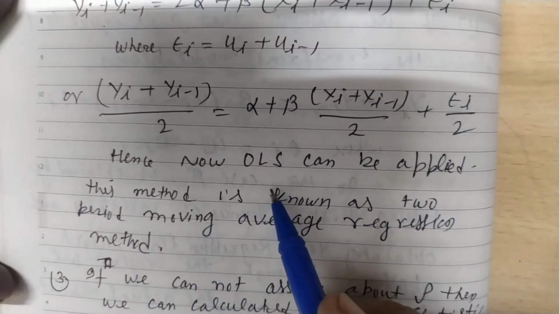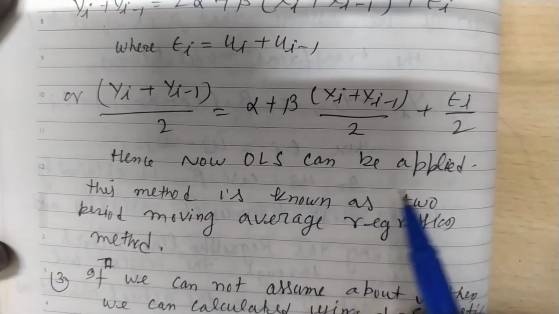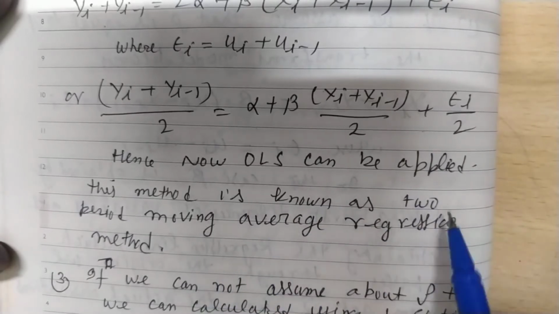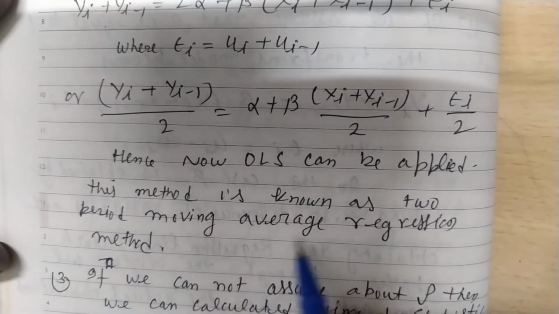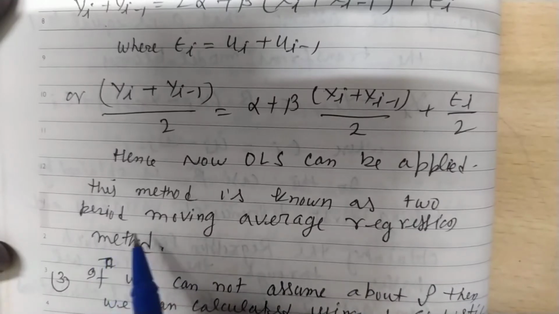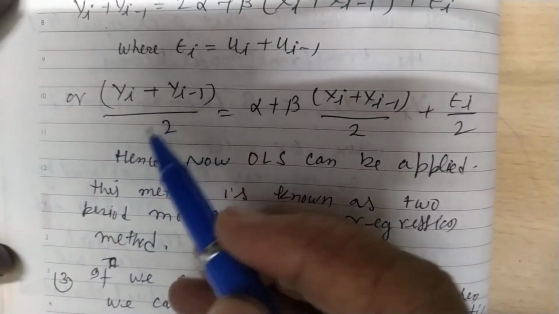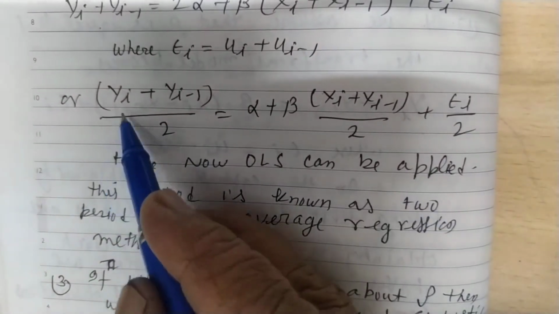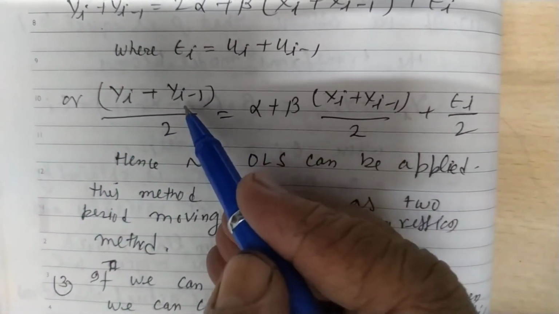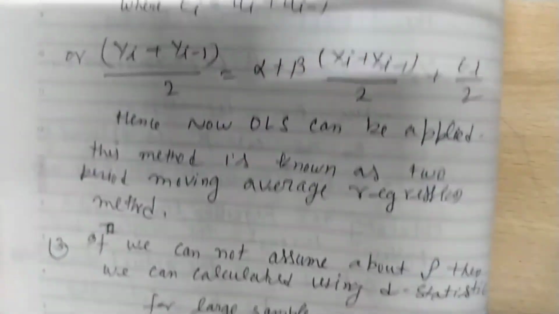Hence, ordinary least squares can now be applied. This method is known as the two-period moving average regression method, because here we take the average of yi and its lag yi-1.